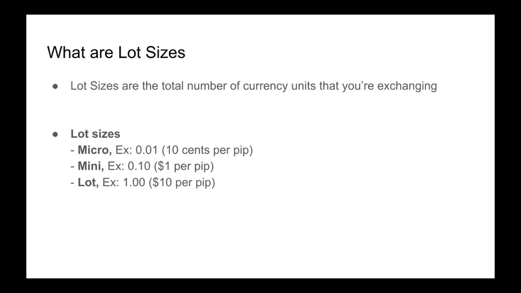So going back to the other diagram, if I'm going to place a trade and I have a $50 account, I'm only going to put 10 cents per pip. I'm sorry, guys, before the 10 cents per pip, 190 pips is actually $19. My bad, I meant to fix that. But if you're doing a $50 account and going for 190 pips, you would want to use a micro to try and get that $19.